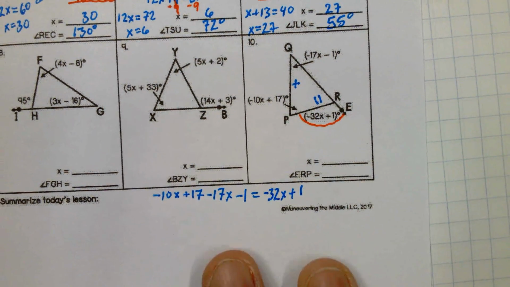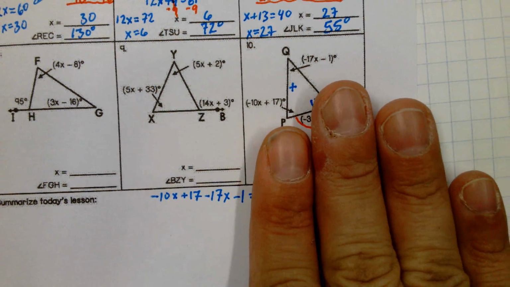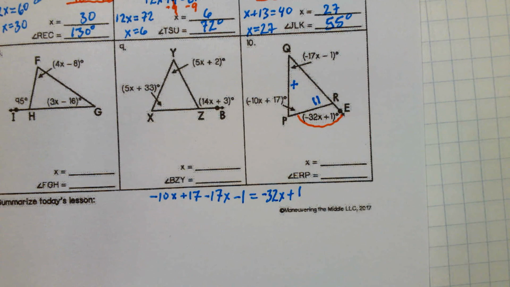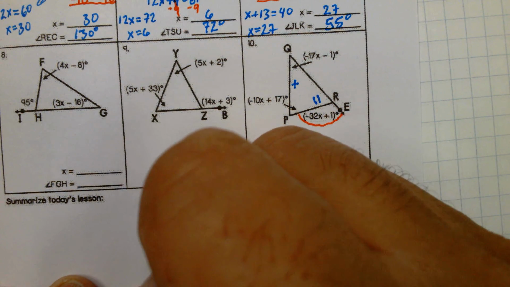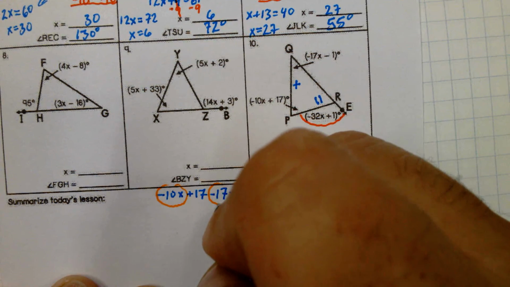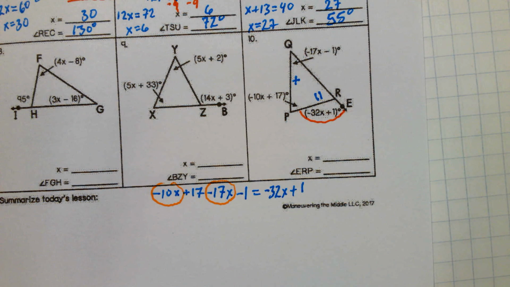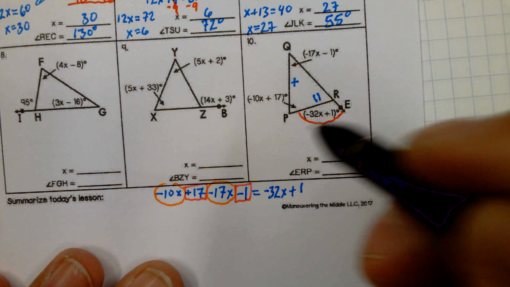All right. We got a lot going on here. Look at the right-hand side of the equal sign. I got to combine a few things, huh? What things do I put together? 17 and negative 17. Oh wait, no. It's negative 17x and negative 10x. Those go together. And while I'm at it, I should probably put together 17 and minus 1.